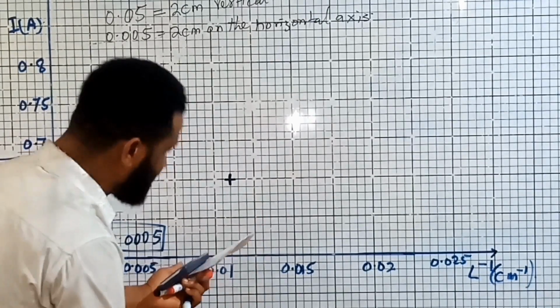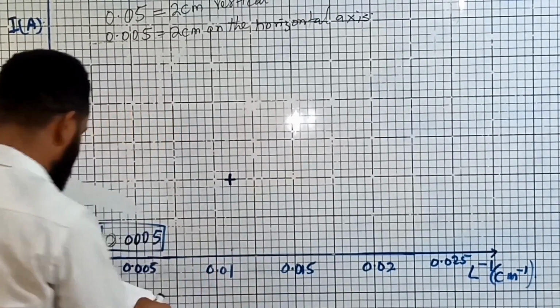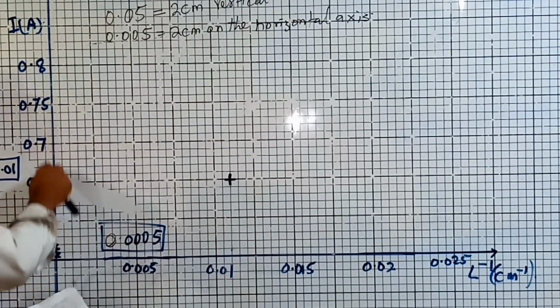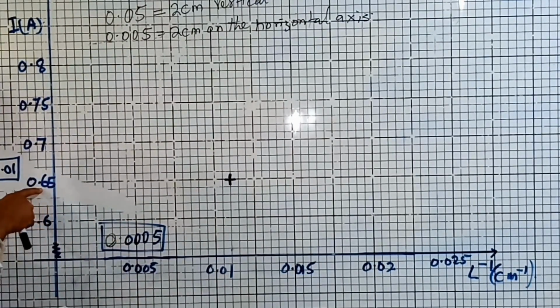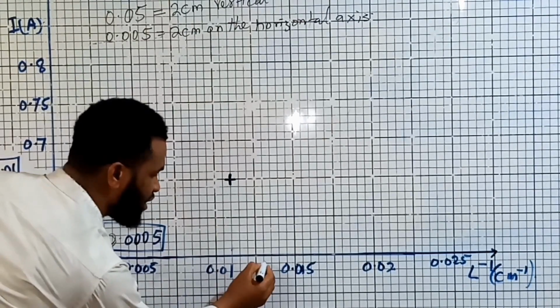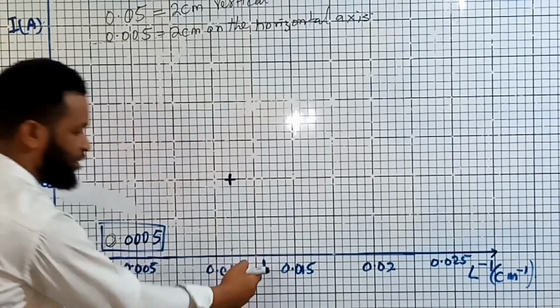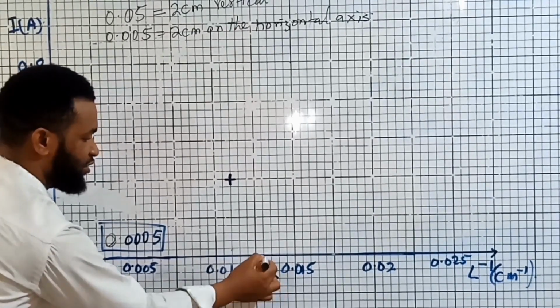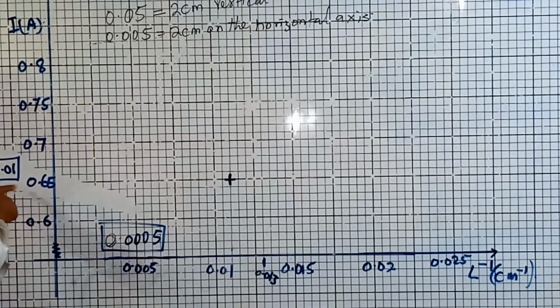I'm going to trace the sixth line, and the sixth line corresponds to 0.68. Now the question should be, how do you get 0.68 here? You have 0.65, and the next one is 0.7. Remember, on this vertical axis, each line is 0.01.